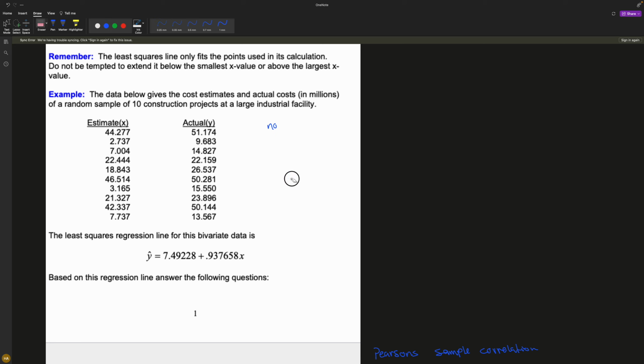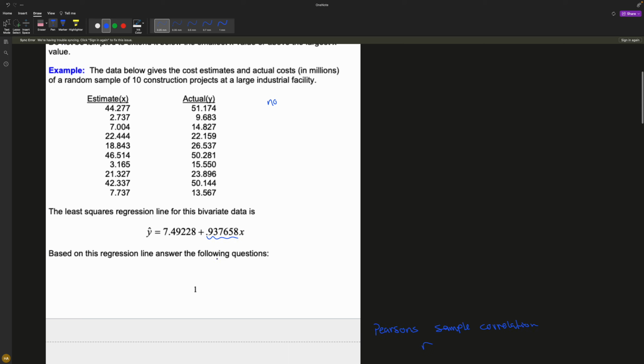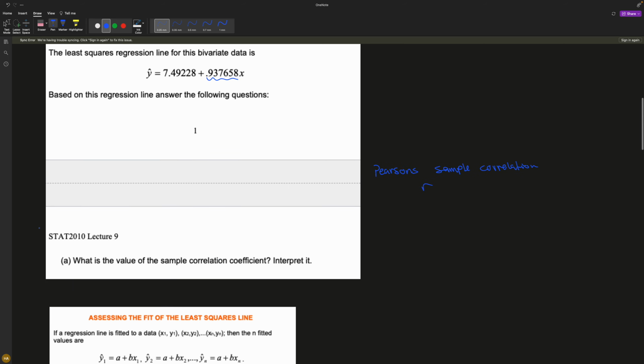However, if you don't have points and you have something as simple as this, or you have the value B, then you can calculate your B using a little different equation, which is also given in the formula sheet. B equals R times the square root of SXY over the square root of SXX.